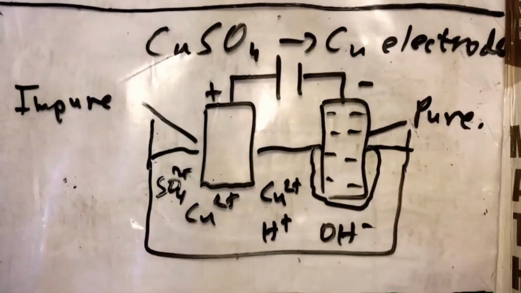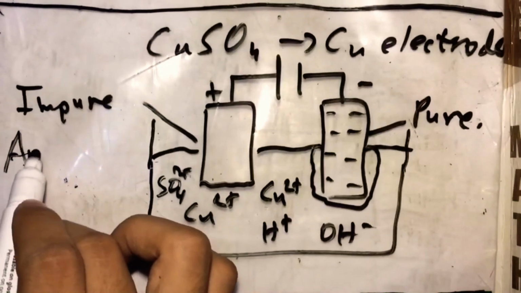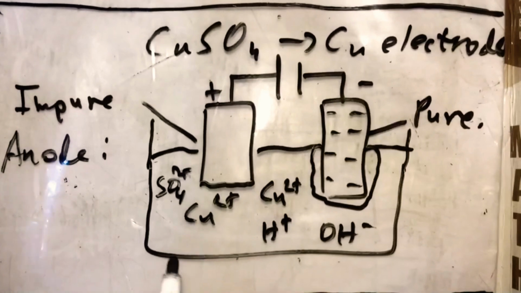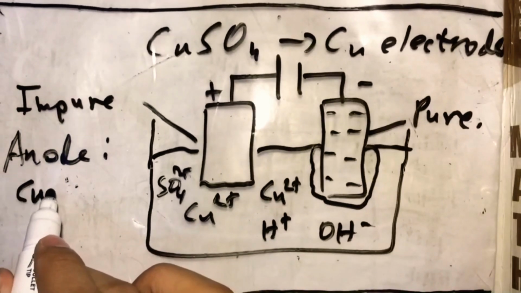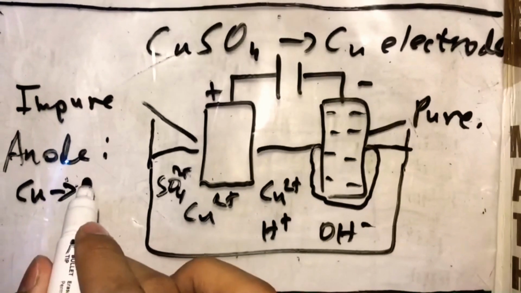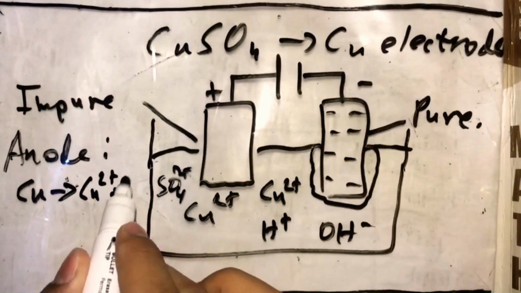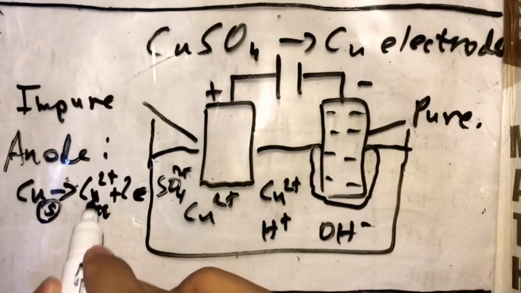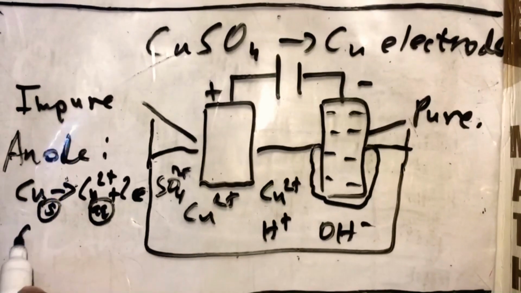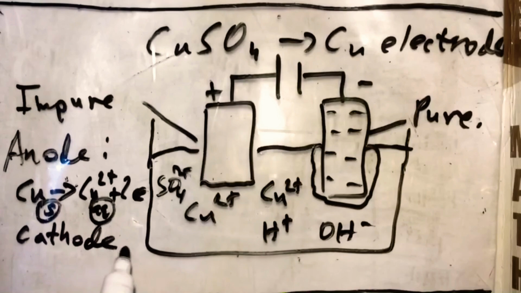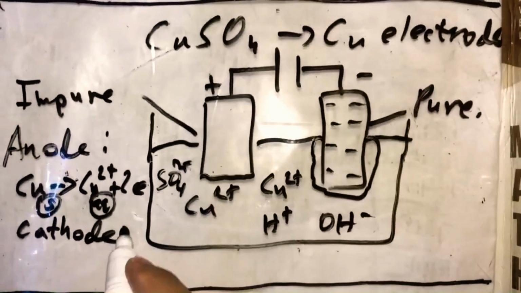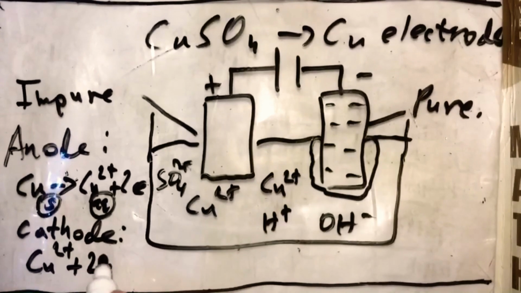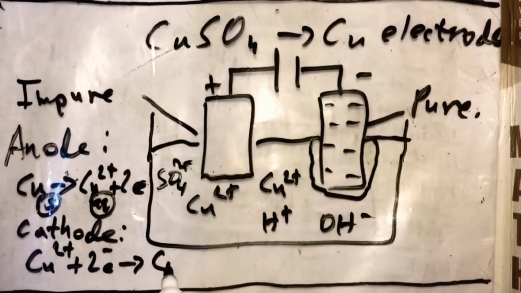Therefore, the equations for the anode: at the anode, copper was forming ions. So copper forms copper 2 plus plus 2 electrons. This is solid and this is aqueous. While at the cathode, copper ions form copper atoms.